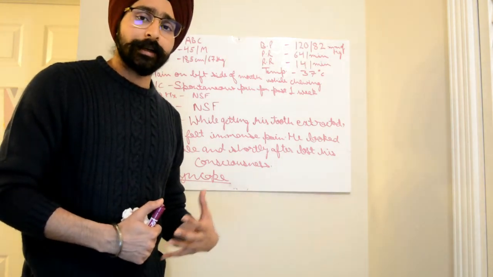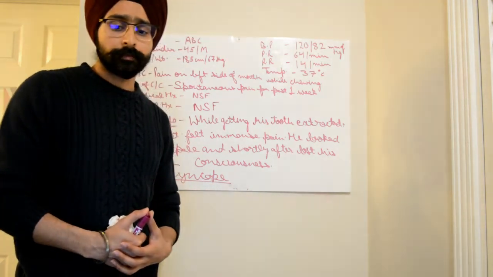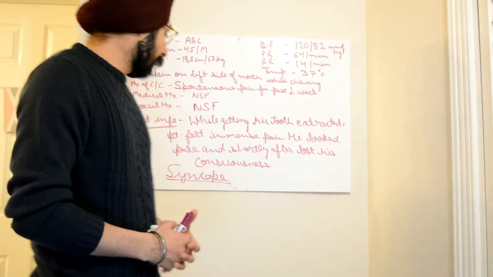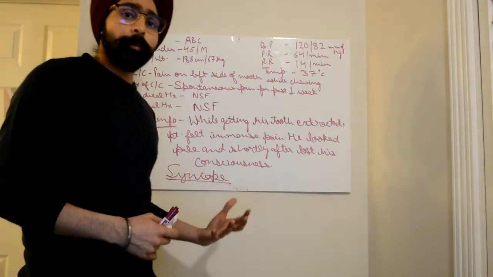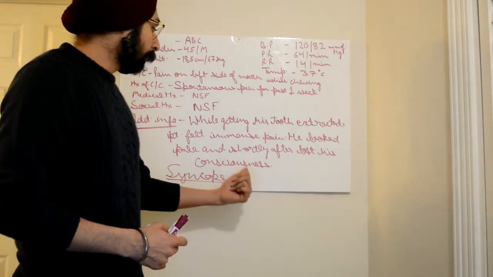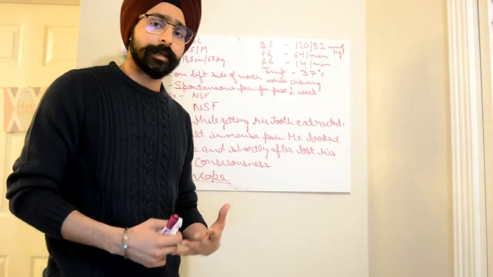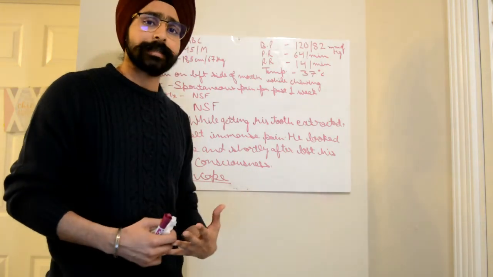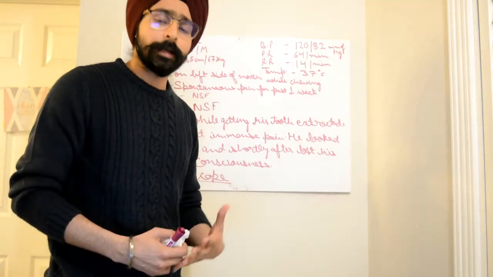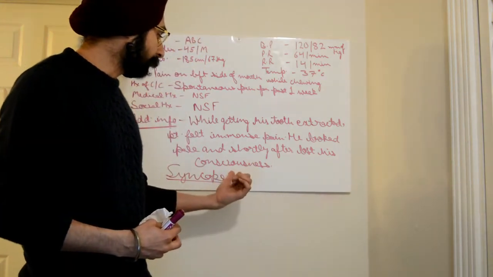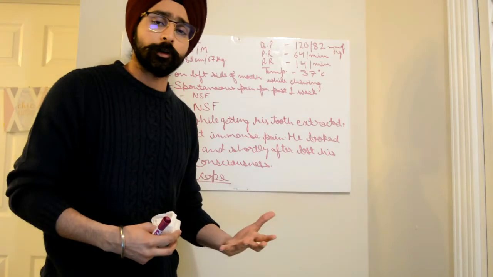The patient might feel convulsions, and in the end the patient may become unconscious. In most cases of syncope, the consciousness is lost, but in very few cases the consciousness is not lost. So we will decide our management based on whether the patient was conscious or unconscious.